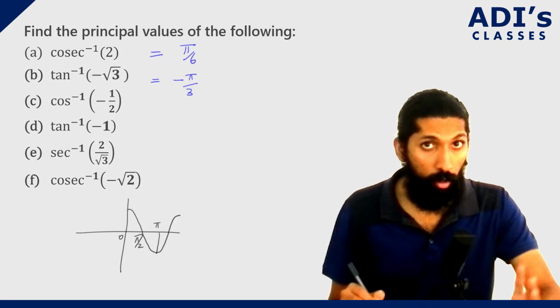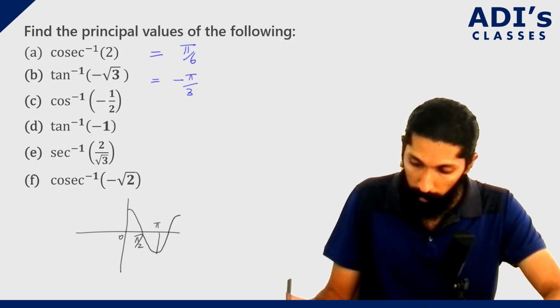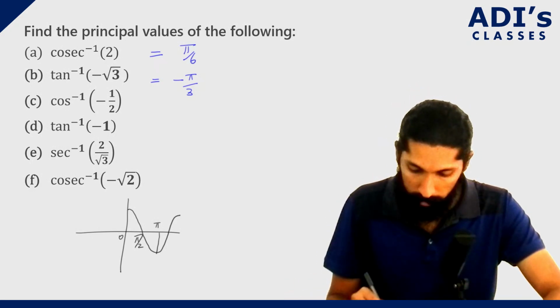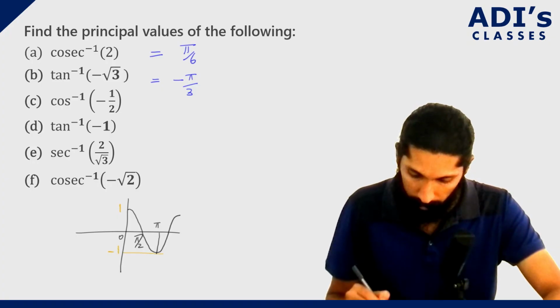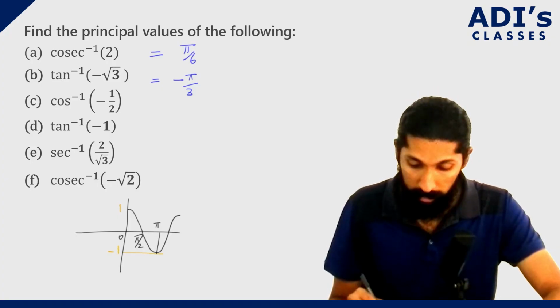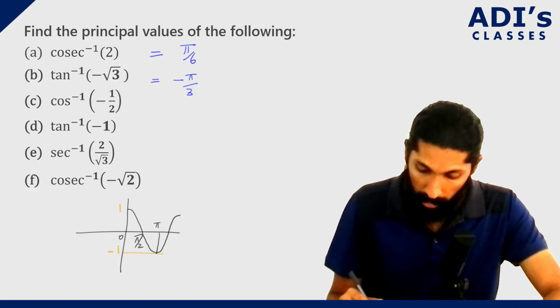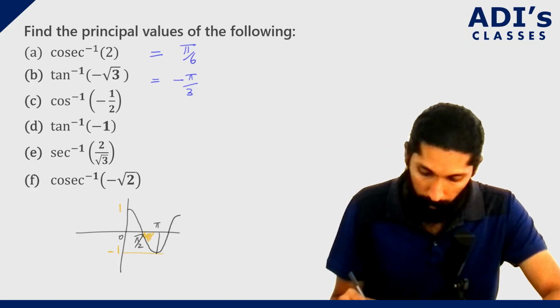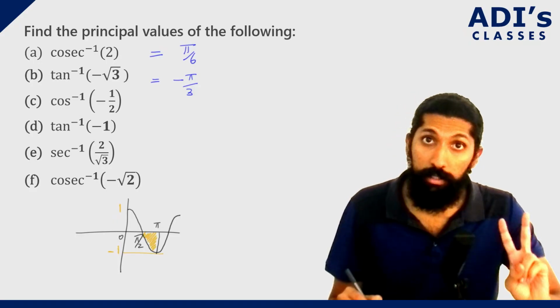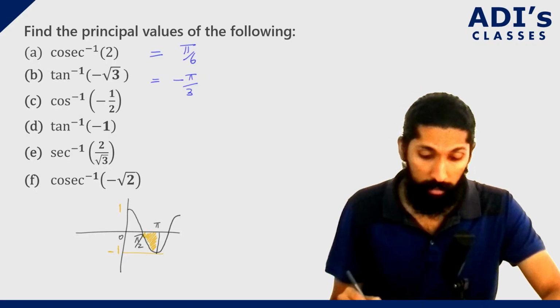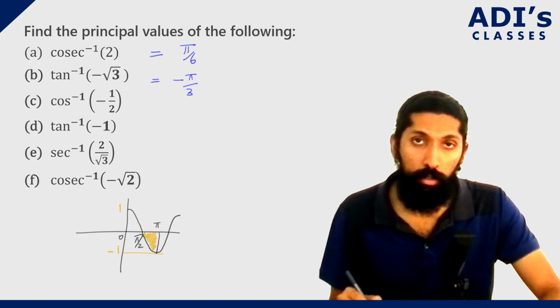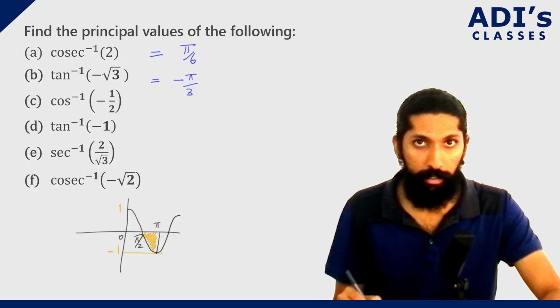This is the graph of cos of x. Now, the values from positive 1 to negative 1 lie between 0 to pi. That means a negative value for cos comes in the second quadrant, correct? Whereas for tan, it comes in the fourth quadrant, correct?